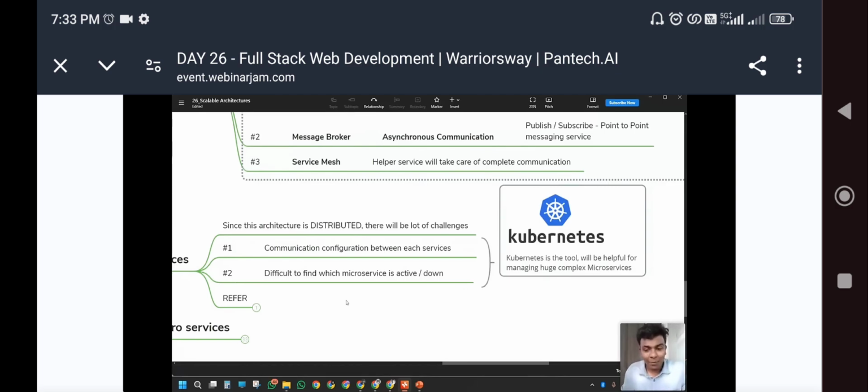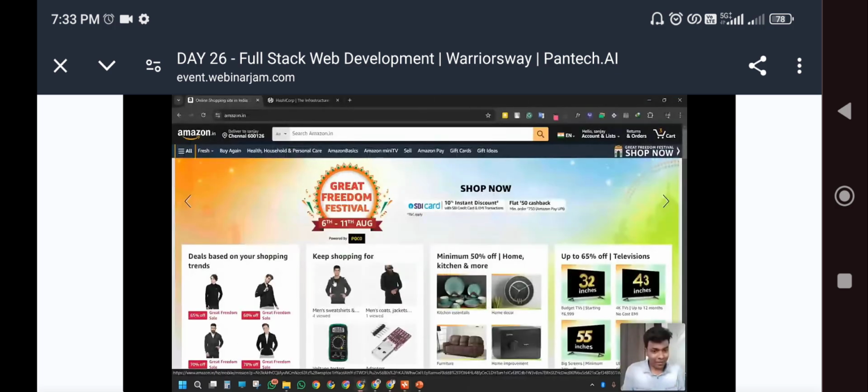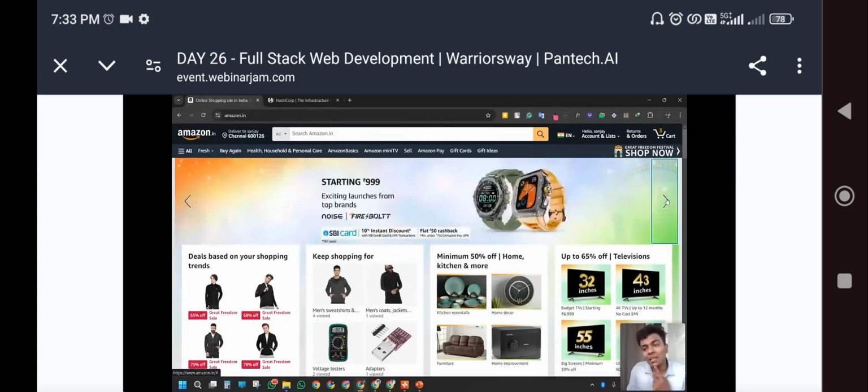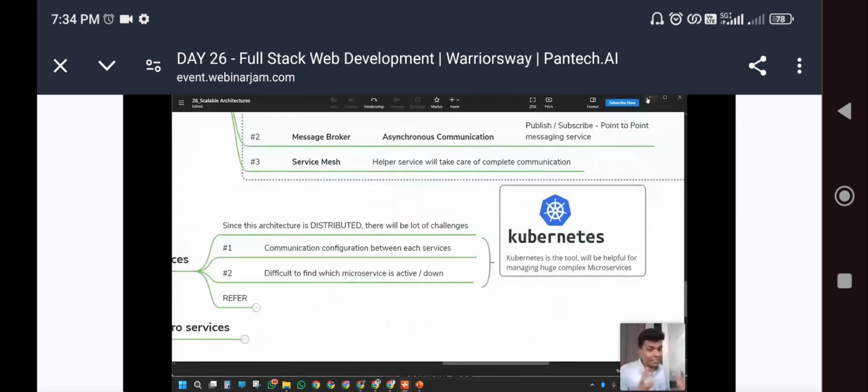If you're talking about Amazon, it has a lot of components. People hover and click here and there, and this hero section. Just think about real Amazon, real Netflix, or Prime Video, Hotstar, anything. There are going to be a lot of microservices, right? Just imagine 1,000 microservices, it might even be 10,000 microservices for one application.